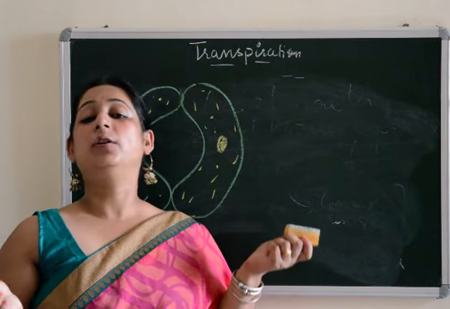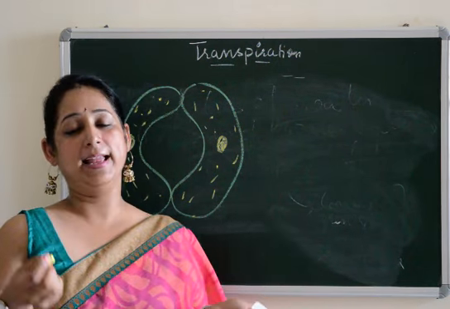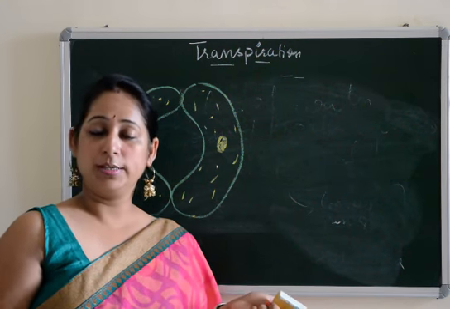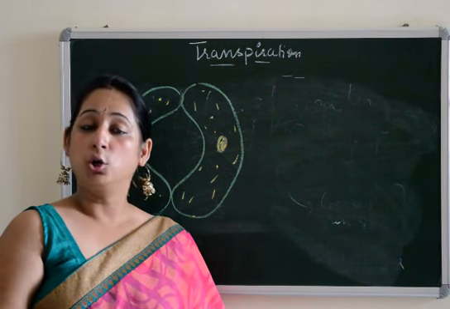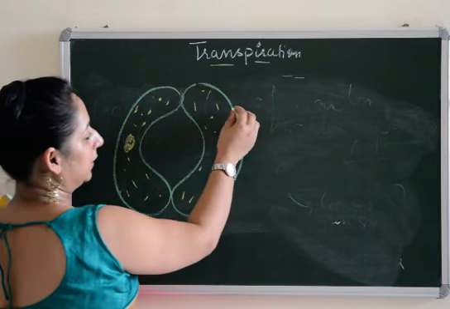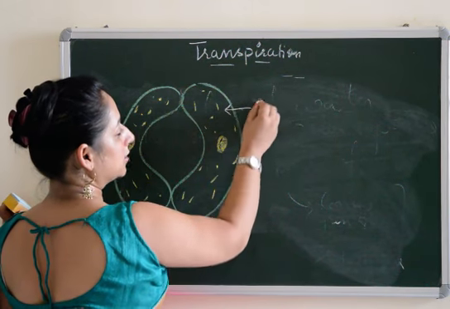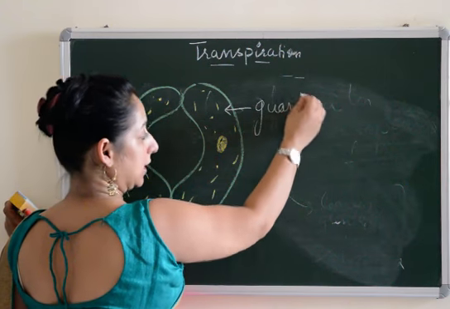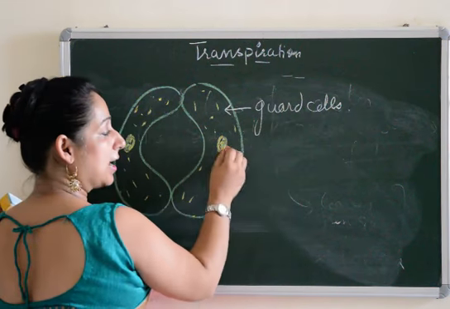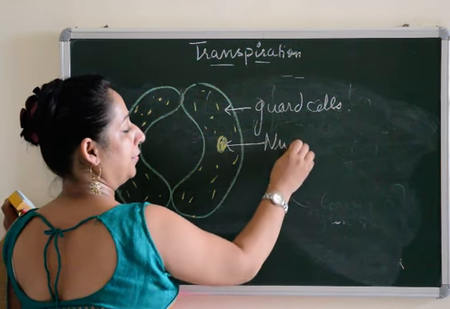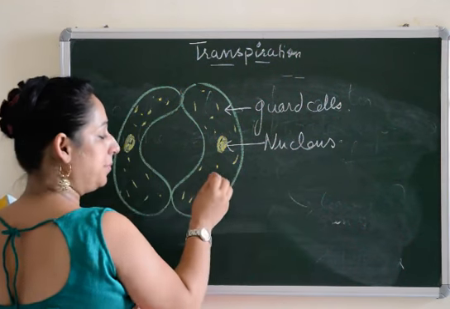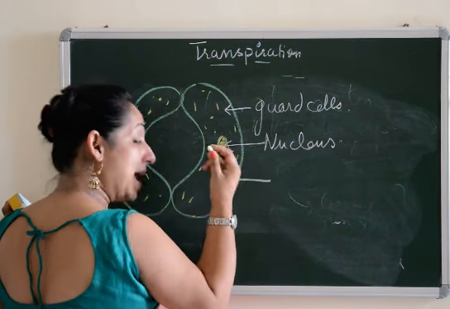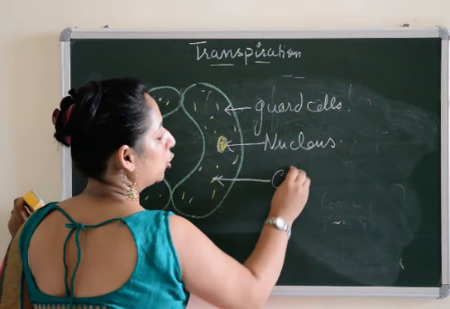We all know that chloroplasts are the green plastids which help in the process of photosynthesis in the plants and contain chlorophyll. Now when we label it, these kidney shaped structures are the guard cells. These guard cells have a nucleus in them, and they have many chloroplasts in them.